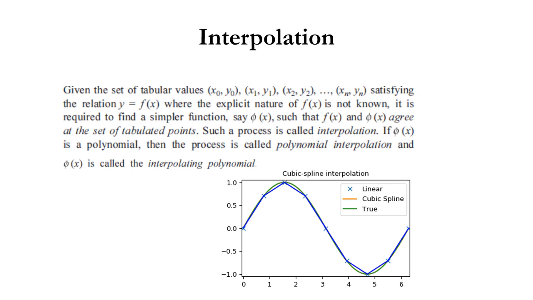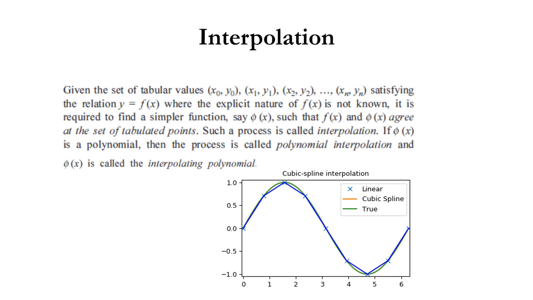Let us see what is meant by interpolation. We are given a set of n plus 1 points, x0, y0, x1, y1, up to xn, yn, satisfying some relation y equal to f of x. But we don't know the explicit nature of f of x, the exact form of f of x.